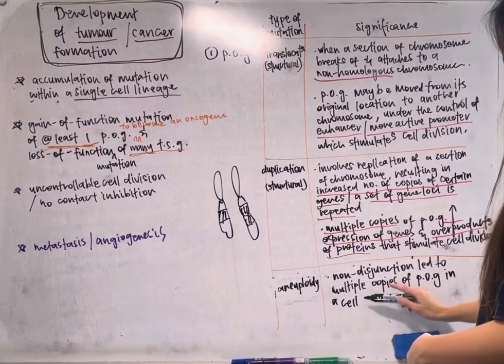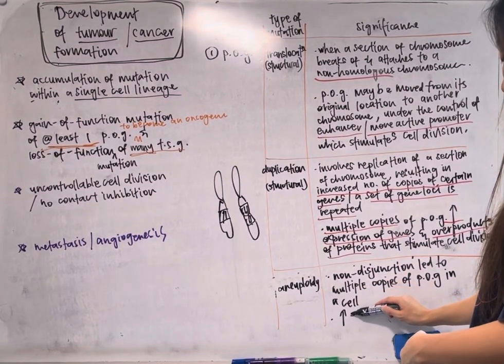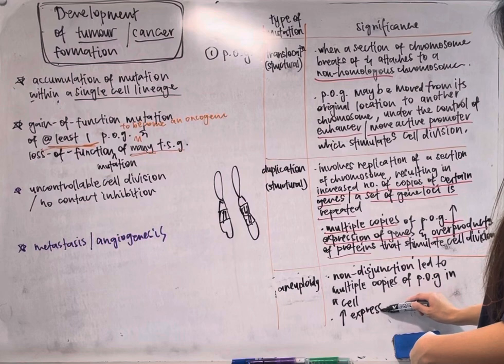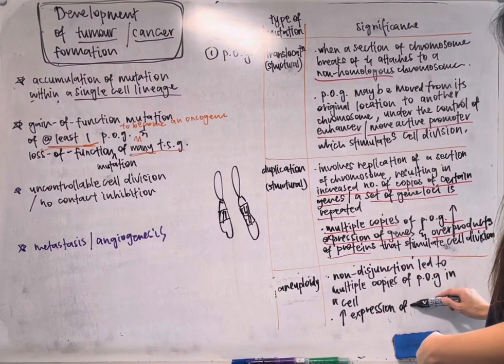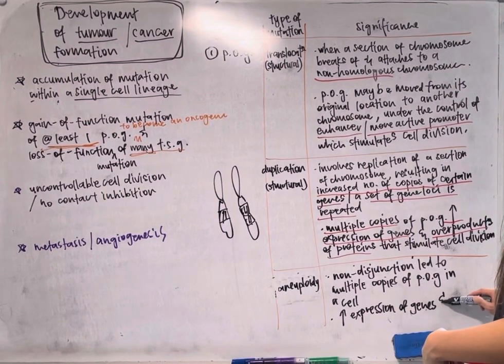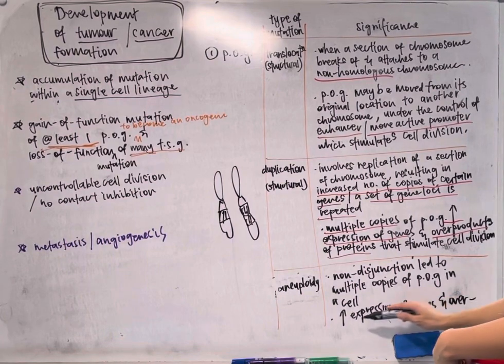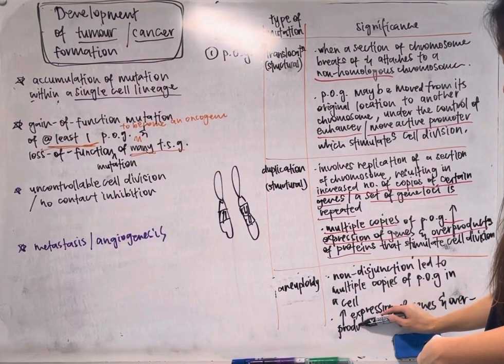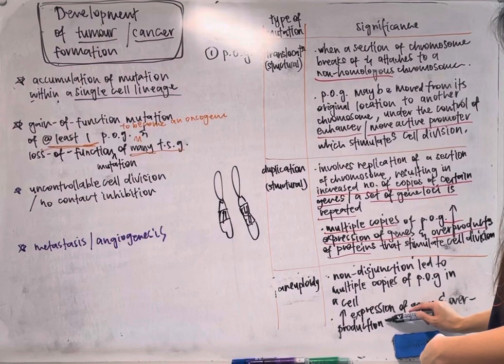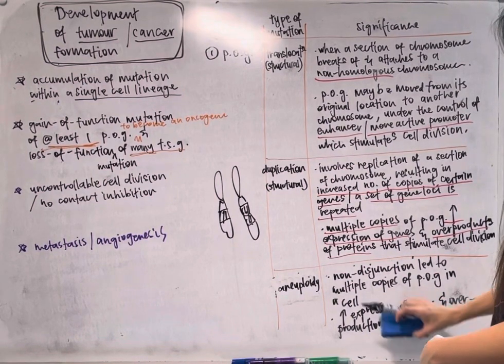That's why we say there is increased expression of genes, because now you have multiple copies and therefore overproduction of proteins that stimulate cell division.